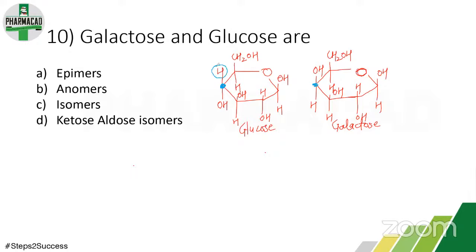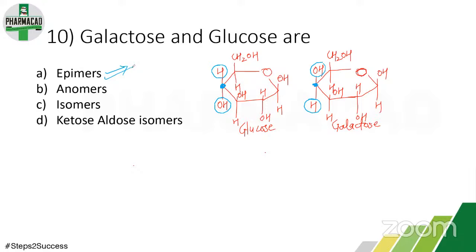Here is H, here is OH, here is OH, here is H. And epimers are those which differ in configuration at only one stereogenic center. Because of that, we can conclude galactose and glucose are epimers.